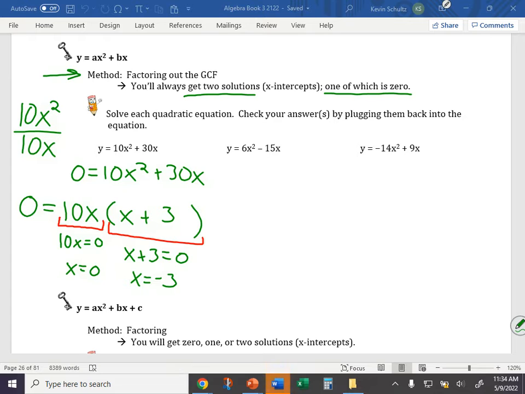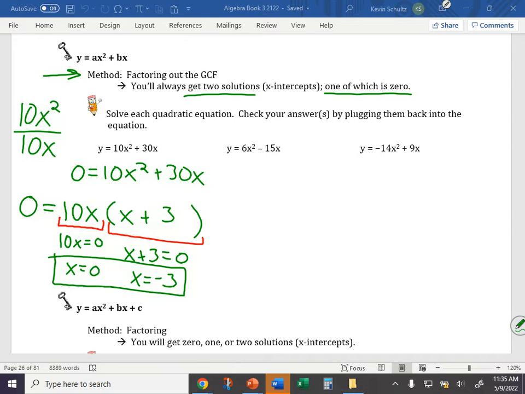Does it matter what this equals out on the front if this equals 0 and we're multiplying them? No. Because 0 times anything is going to equal 0. So your two x-intercepts come from the values that make each expression, what's out in front and what's in parentheses, equal to 0. I'll let that sink in a little bit. Okay? Any initial questions?